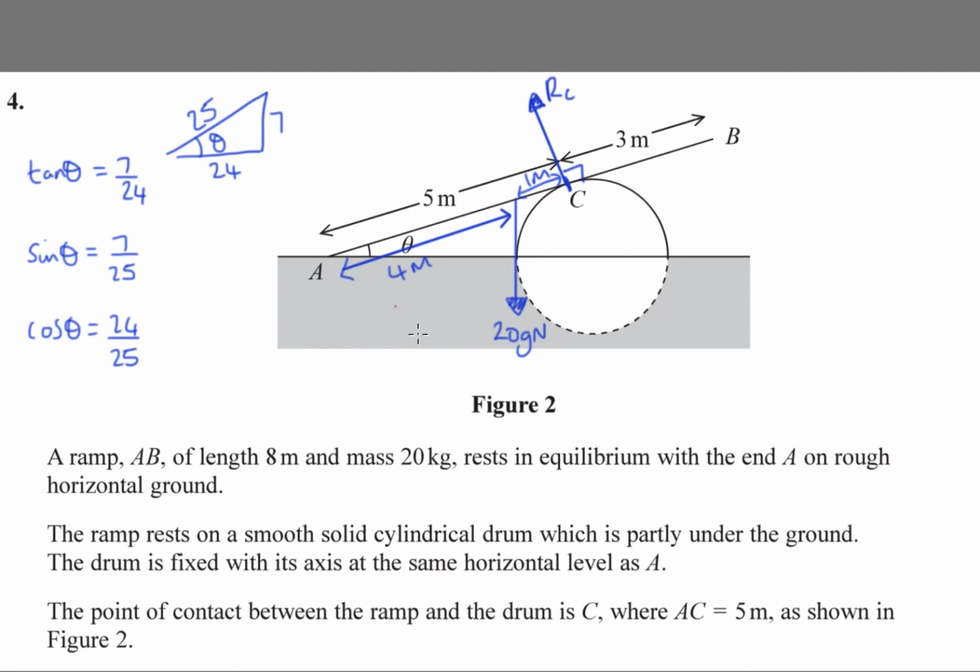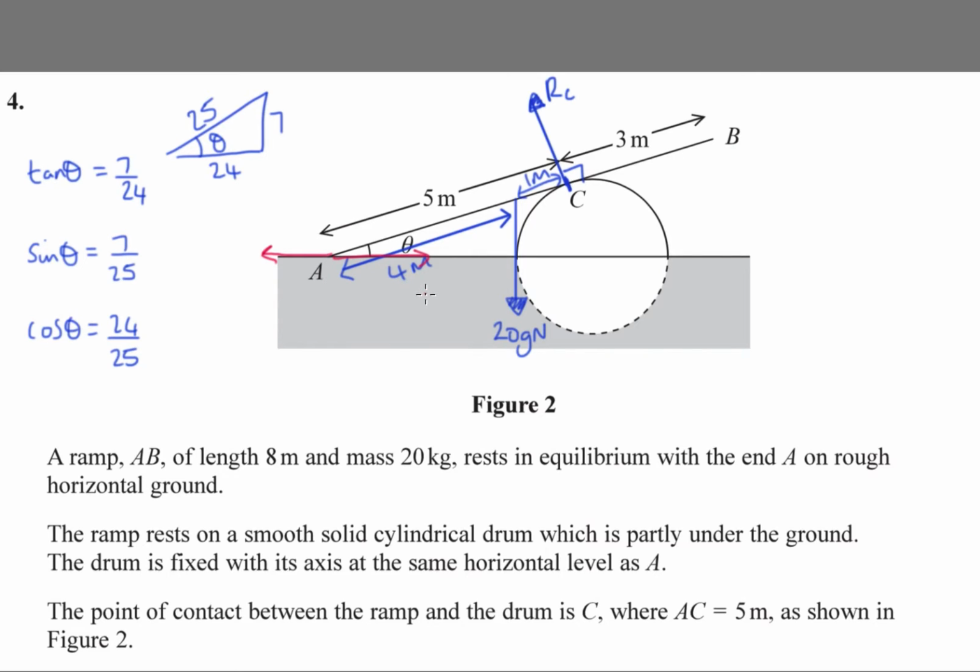Now remember, they said that the ground was rough. So that means that there will be friction. There will either be friction acting this way or this way, and you've got to think about this just in real life, common sense, which way will the friction be acting.